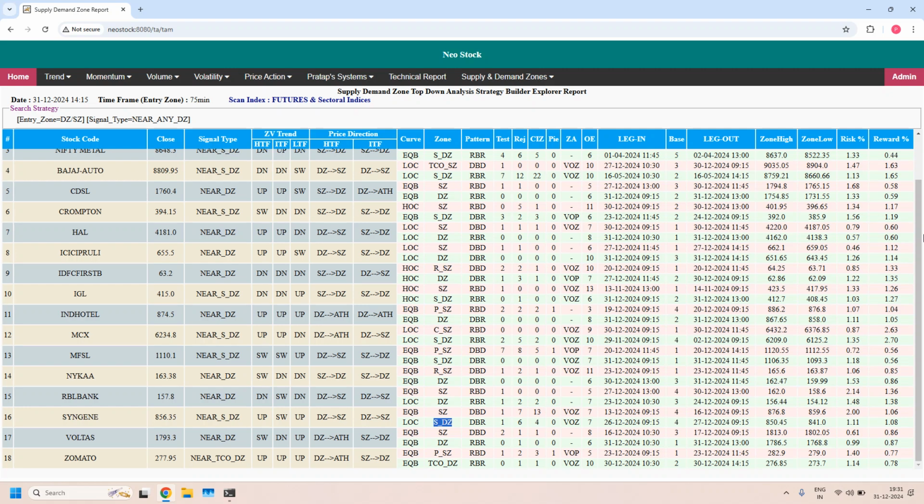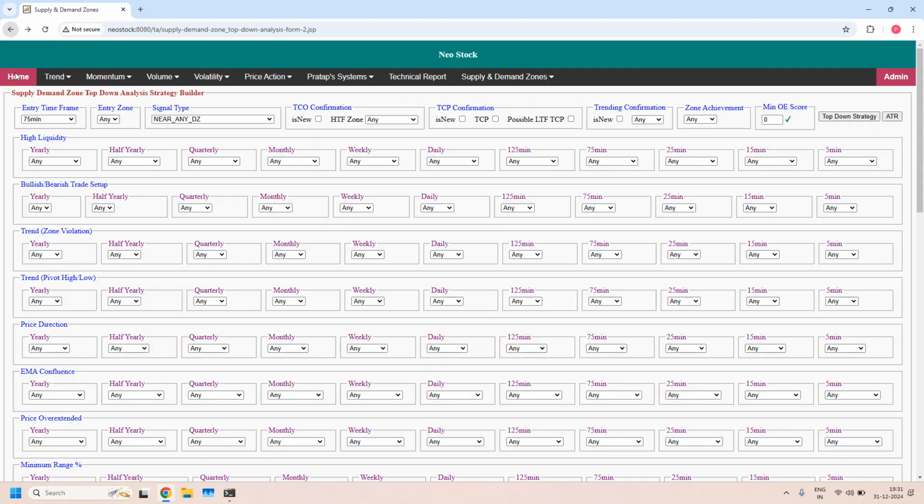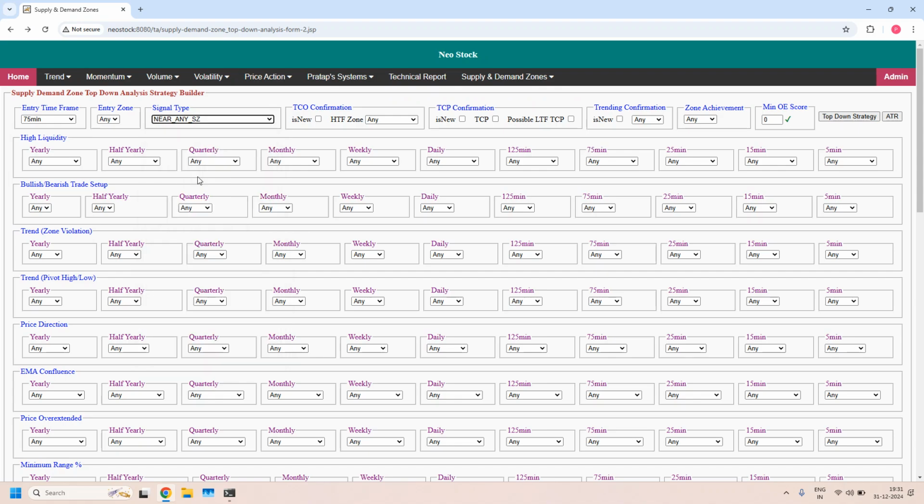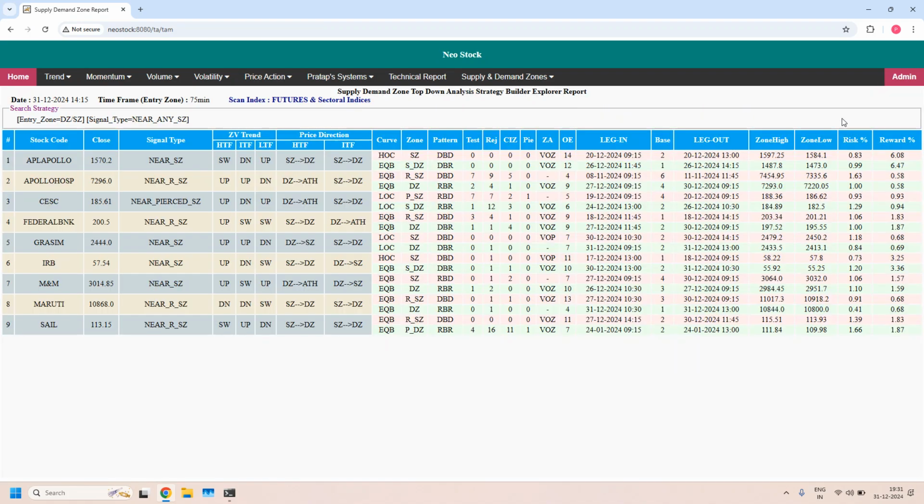Okay, this is about stocks near 75 minutes zones and high liquidity zones. Next, for 75 minutes time frame, let us find the stocks near 75 minutes supply zone. 9 stocks are filtered. Let us identify high liquidity supply zones from this list.